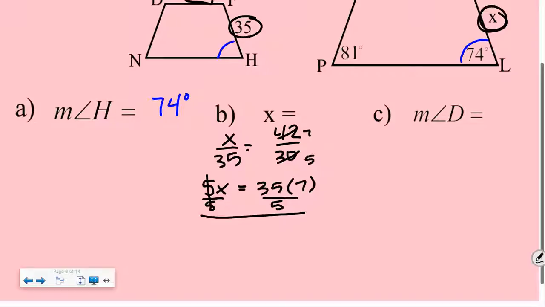Well, 5 divided by 5, that would just give me that x. What's 35 divided by 5? 7. What's 7 times 7? 49. Isn't that what you get if you would have taken 35 times 7 and divided by 5 then? Okay, so you don't have to be dependent on your calculator. Nice, huh?